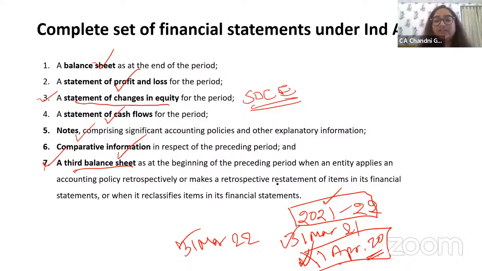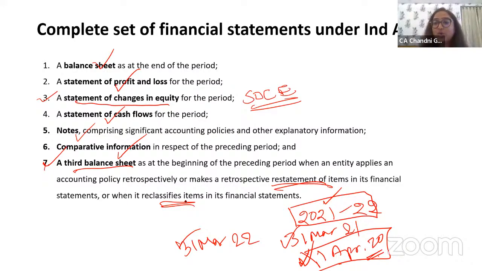The second case can be if there is any restatement in the financial statements, which is also made retrospectively, or when any reclassification is done in the financial statements. Also when there is a prior period error. Earlier in AS, if there was any prior period error, there was an additional line item in the statement of profit and loss as a prior period expense, but that is prohibited in Ind AS.